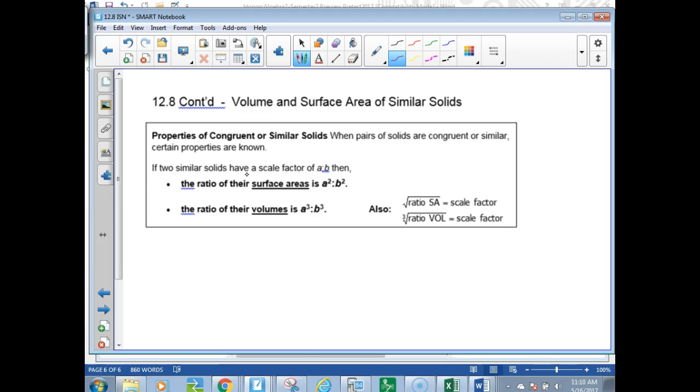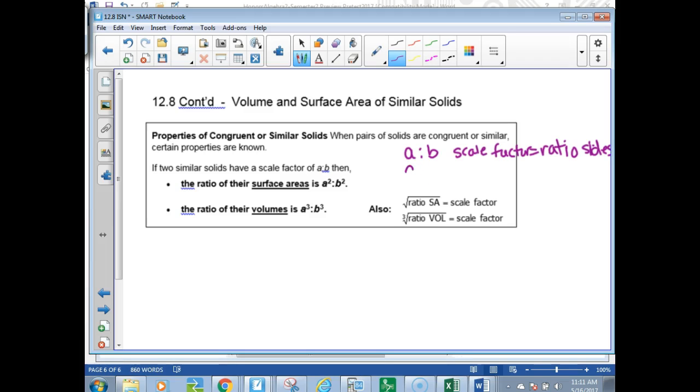If two similar solids have a scale factor of A to B, which is the same as the ratio of the sides, which is the same as the ratio of any lengths in the figures, even perimeters. Perimeters are in the same ratio as lengths or sides, which is also equal to the scale factor.